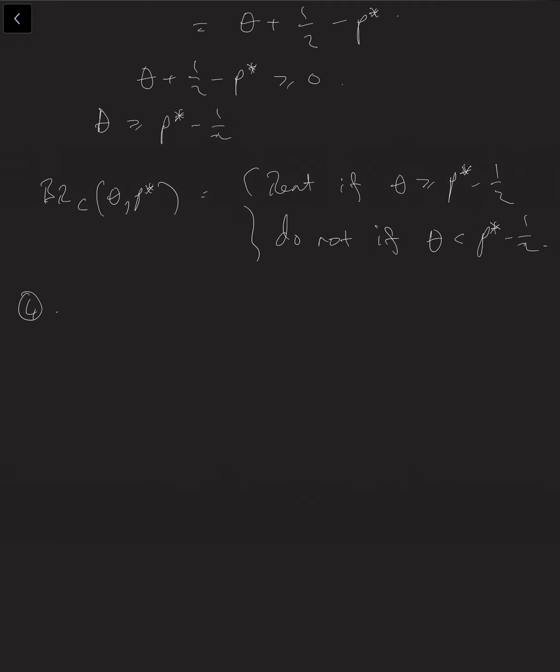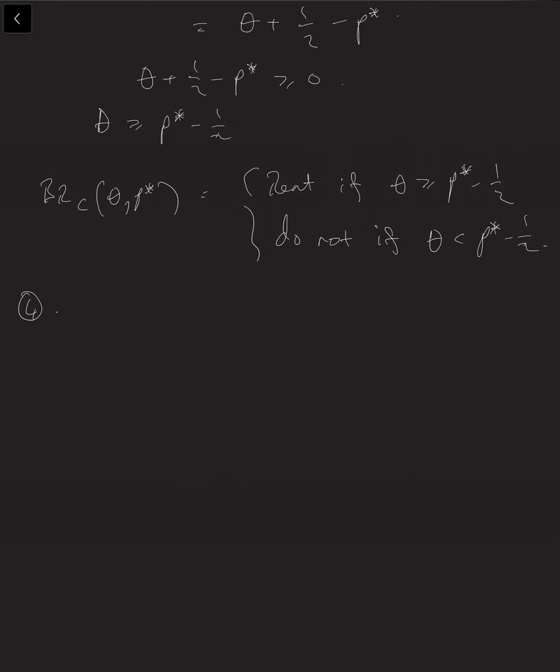Now having specified the customer's best response to their beliefs, we have to check for the range of P stars which are consistent with the PBE, which is to say the range of P star which precludes any deviation on the part of Monica.